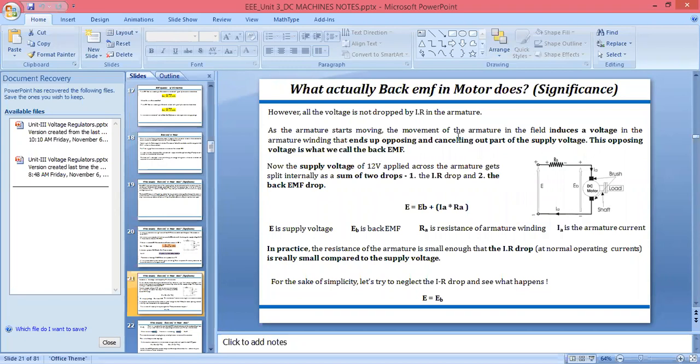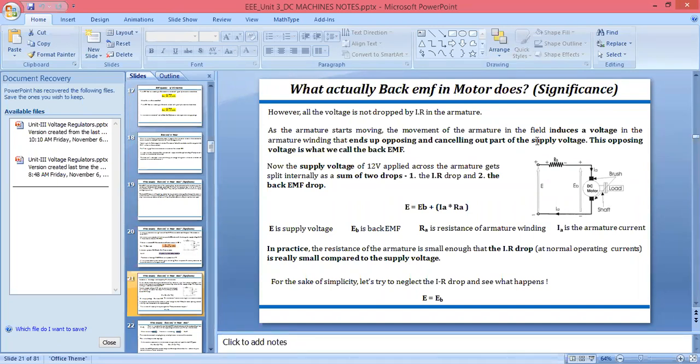So when the armature rotates, it introduces the EMF, that is nothing but voltage, in the armature winding, but it opposes and cancels part of the supply voltage, because we call that EMF the back EMF. It is in the opposite direction to the supply voltage.